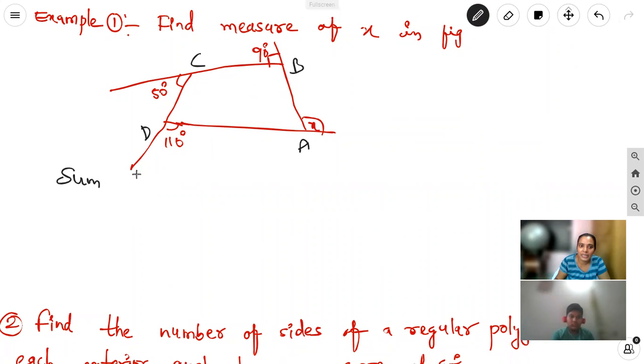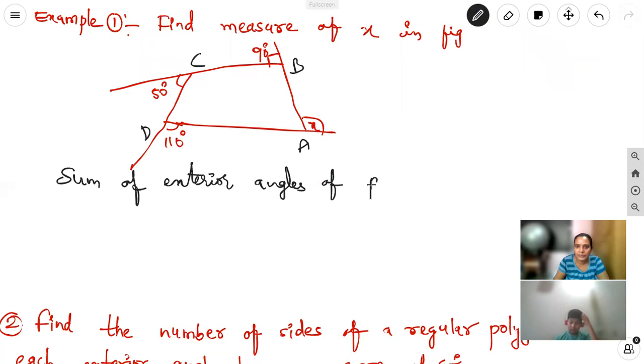So by using the sum of exterior angles of a polygon is equal to 360 degrees. This is the condition of the exterior angle.